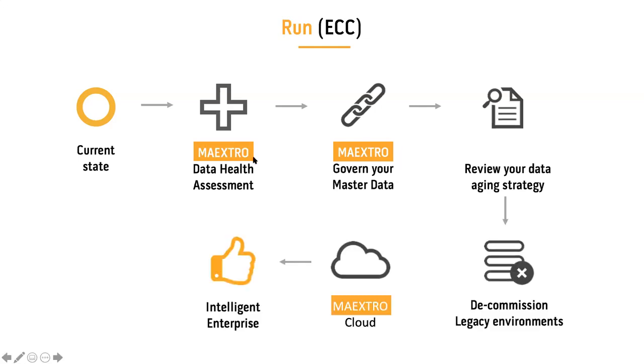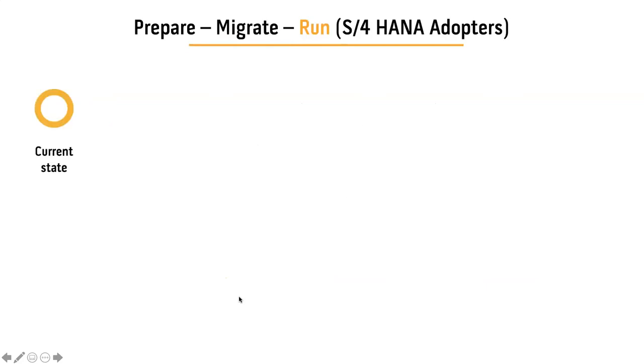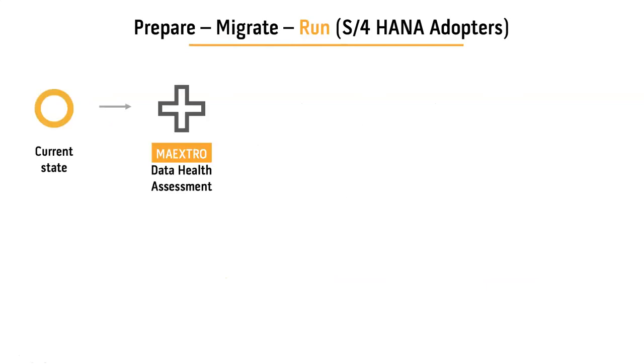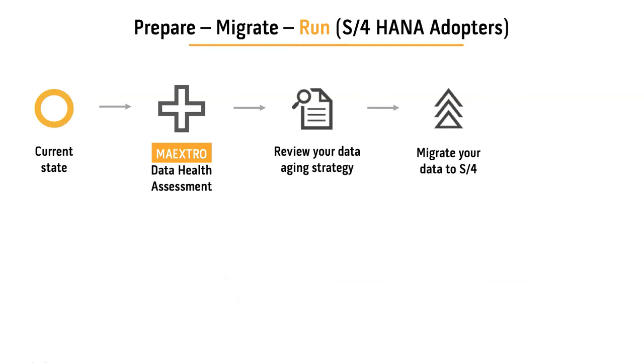Obviously, Maestro is there to help you recognize what's not working. It's there to establish a governance process. And we've also got some nice intuitive applications that live in the cloud platform, but also can live on your on-premise systems if you are running Fiori apps. And the same for S/4. This is a typical S/4 adoption where you would run your Maestro health checks and align processes. You would do all your data migration using the SAP tools that you have.